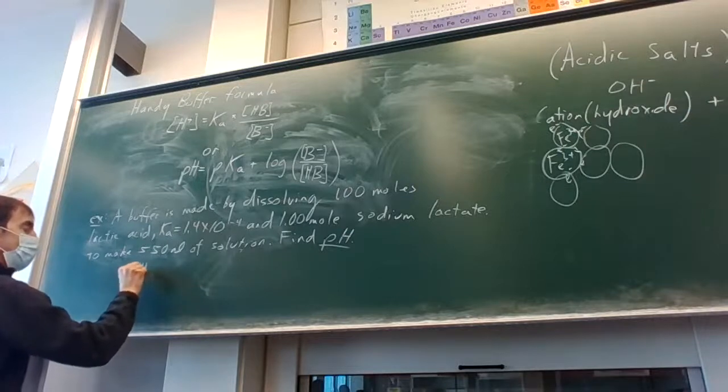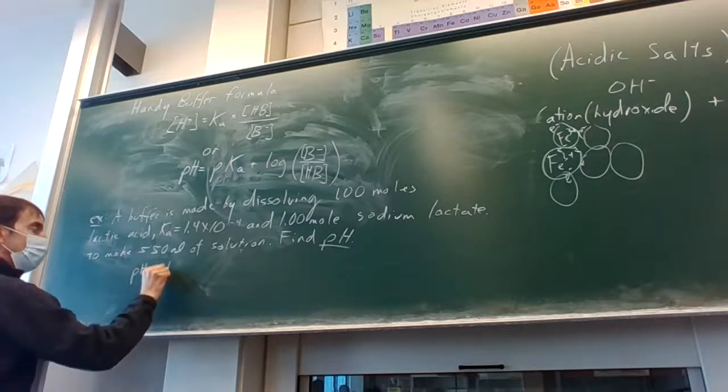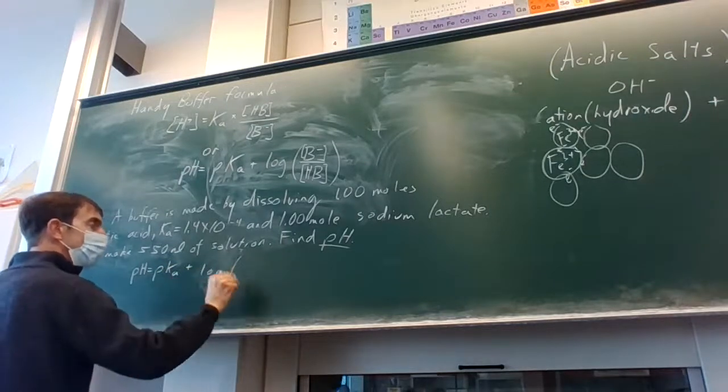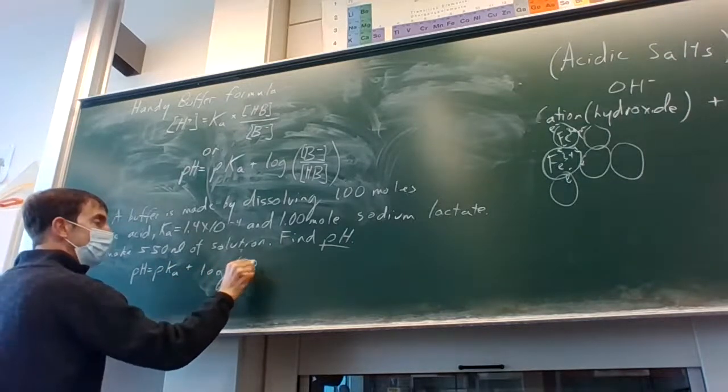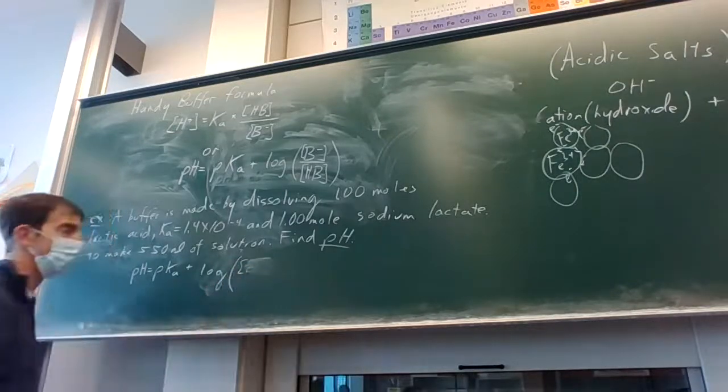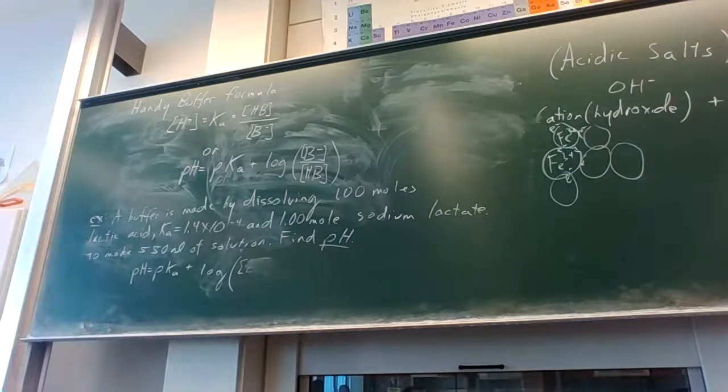They want pH. Let's just use that version. So the pKa plus the log of this fraction, the concentration of B minus. Well, let's not call it B minus. Let's not call it what it is. So it's lactic acid and sodium lactate.